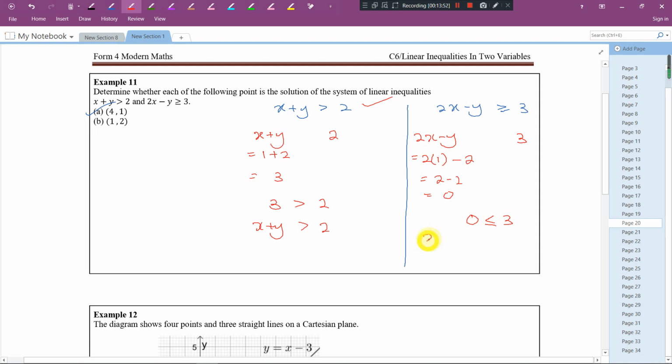So this is 2x minus y, 2x minus y is less than or equal to 3. Oh, so this point does not satisfy this inequality. So this point is not the solution of the system of linear inequality. So this is the way how we test.